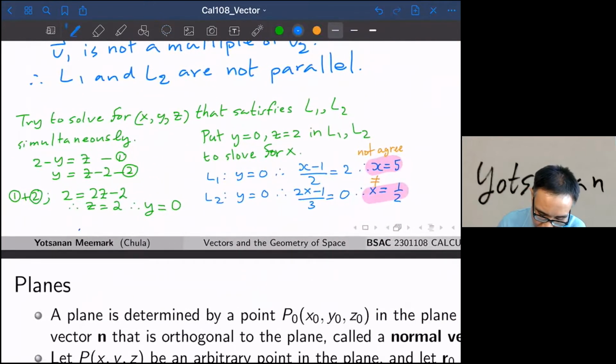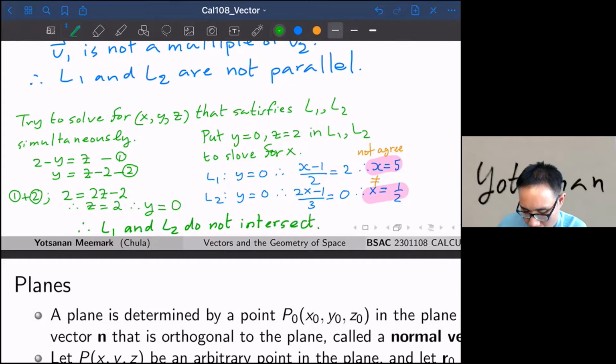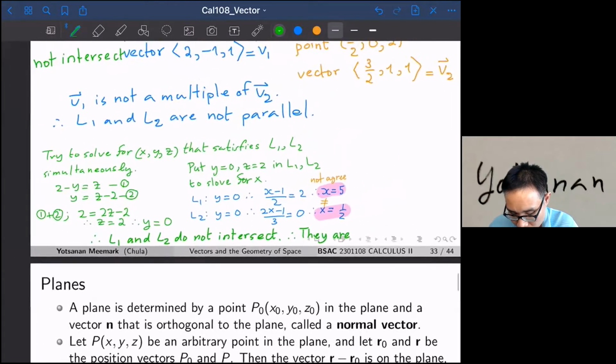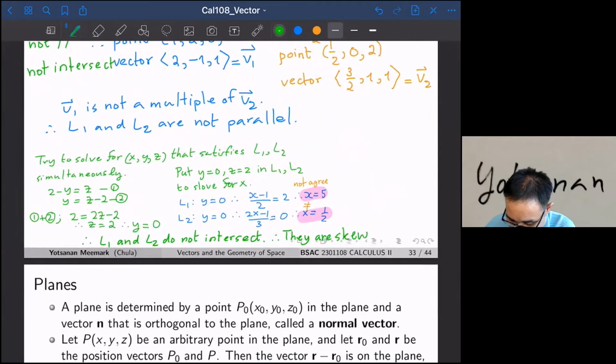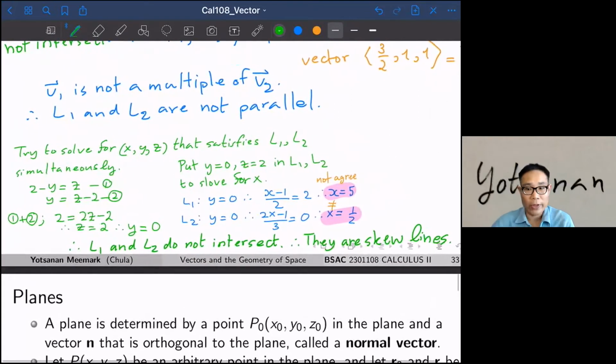So you conclude that L1 and L2 do not intersect, so they are skew lines.